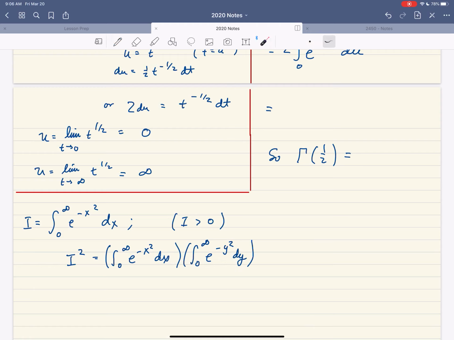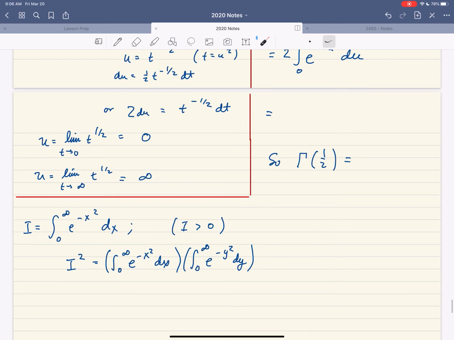Both of those terms are the same integral, just with different variables. So this really is I squared. The reason for writing it in terms of two integrals is that now I can combine this into a double integral. This is the integral from 0 to infinity and from 0 to infinity, e to the negative x squared, e to the negative y squared, dx dy.